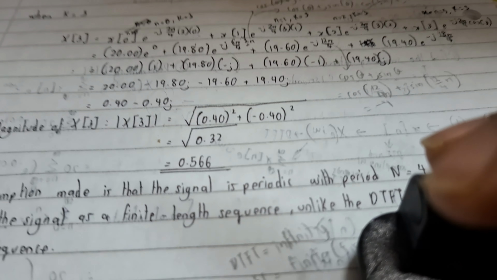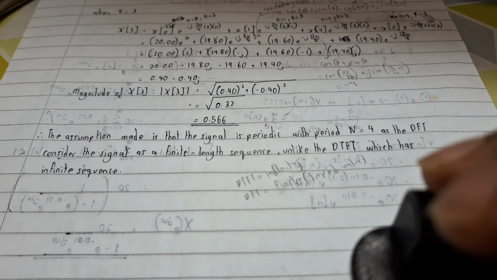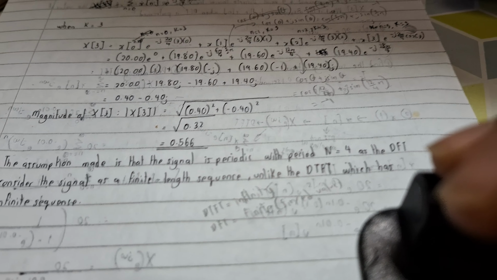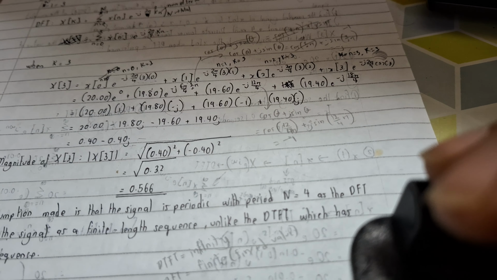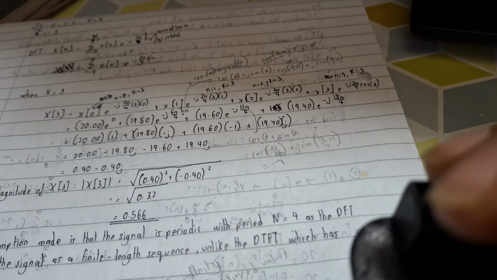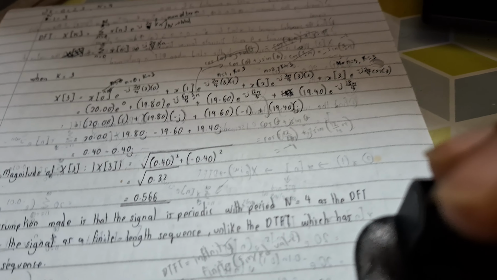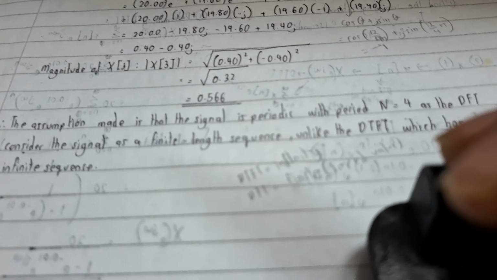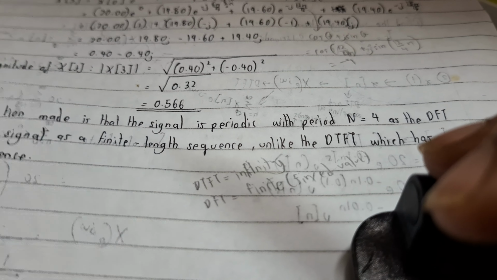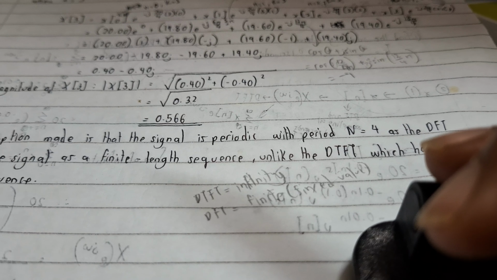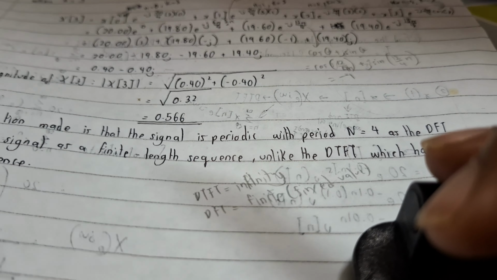And for the assumption question, the assumption made is that the signal is periodic, as the DFT considers the signal as a finite length sequence, unlike the DTFT, which has an infinite sequence. So how do I get it? It's based on the DFT having a finite sequence, a fixed number of samples given over a period of a signal, and the DTFT doesn't have a finite sequence; it has an infinite sequence.